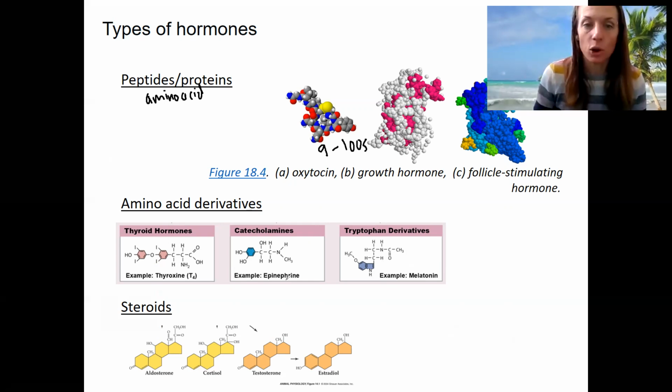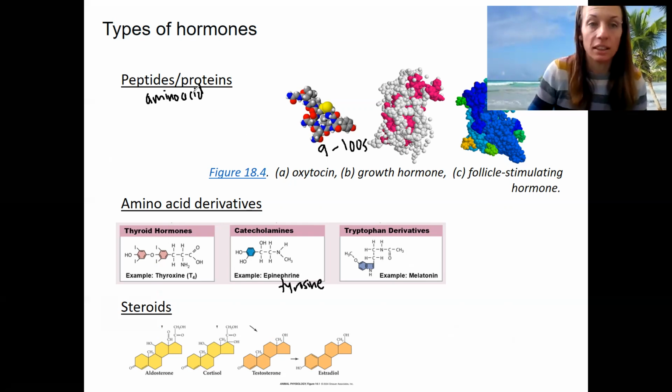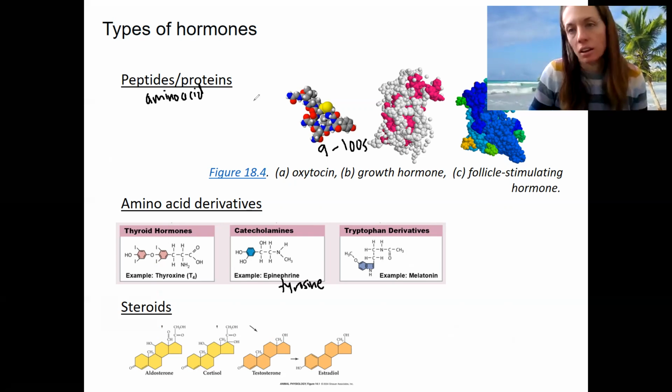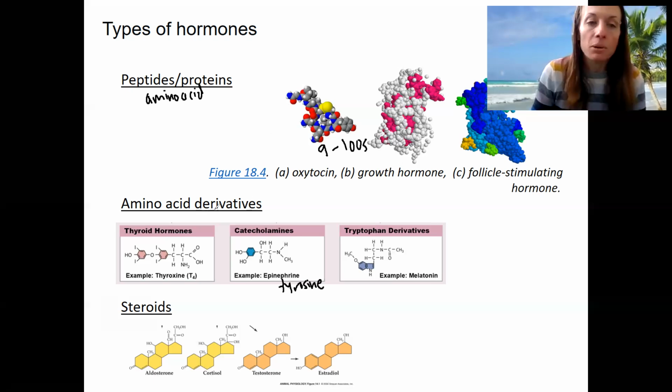Tyrosine is an amino acid. One tyrosine can be derived into epinephrine, versus linked tyrosine, more tyrosine, leucine, serine. Those are all amino acids that can make up a peptide. Amino acid derivatives also typically bind to cell membrane receptors.